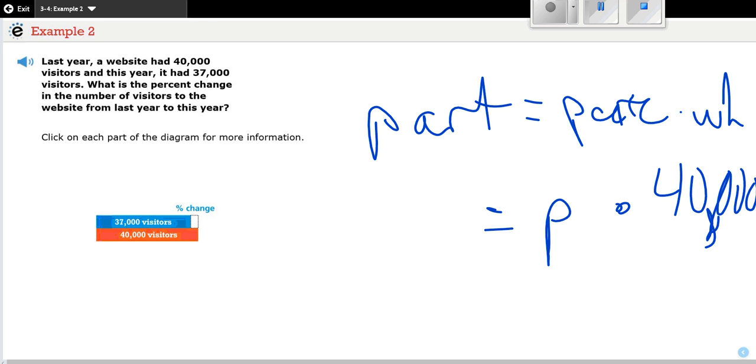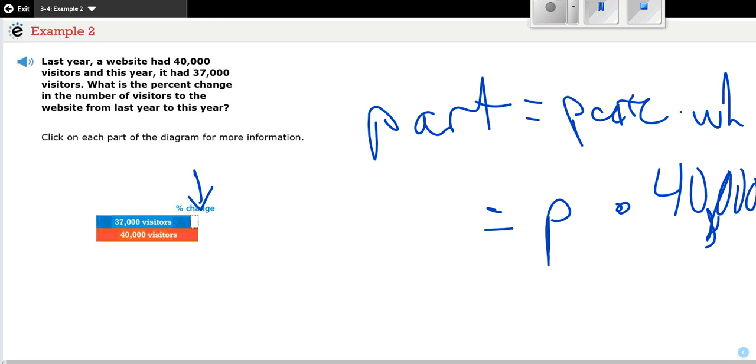And of course, the part is going to be the part that changed. That's this white part right here. To understand that white part, you have to do some initial math first. You actually have to calculate that change.